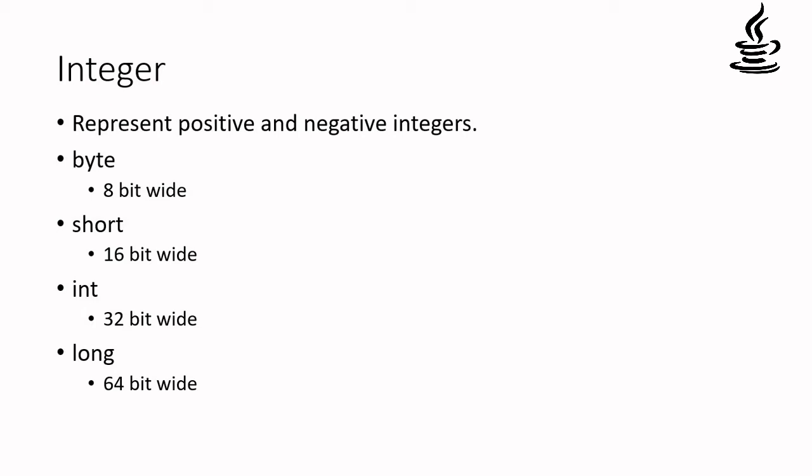Similarly, the int data type uses 32 bits, so the integers that it can store range up to 2 billion. And when we have numbers which are very large, such as representing a light year or any scientific notation, we use the long data type, because it uses 64 bits and is 64-bit wide.